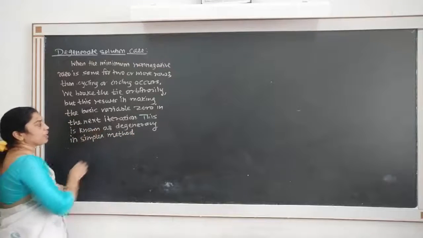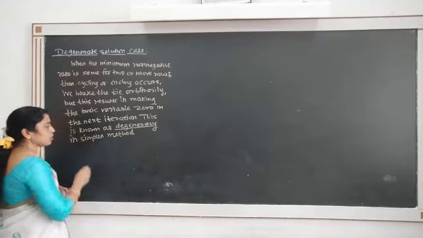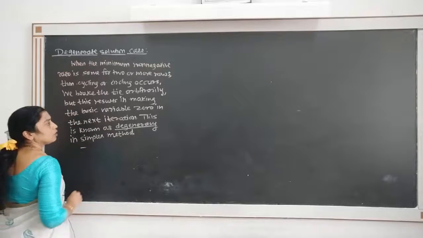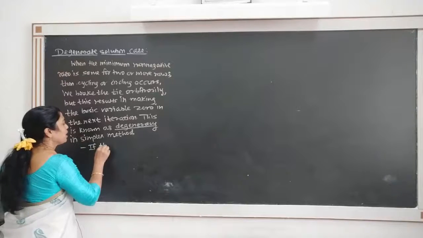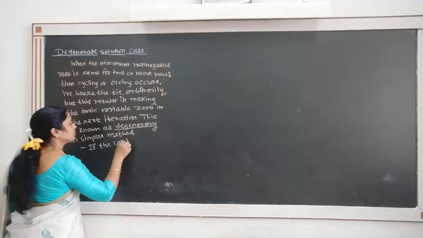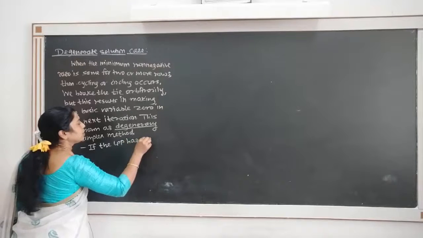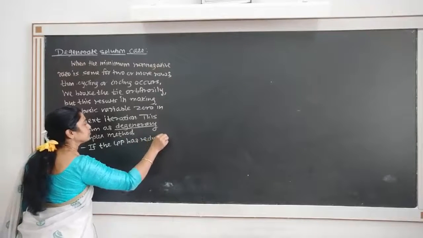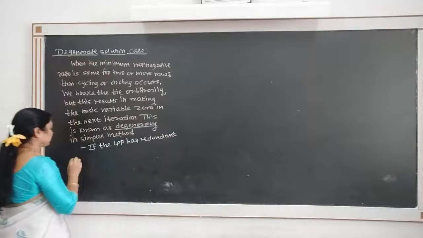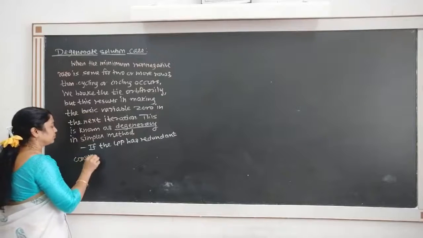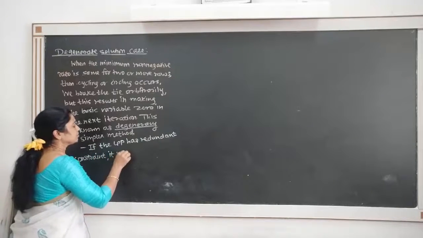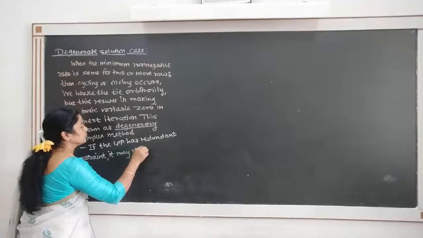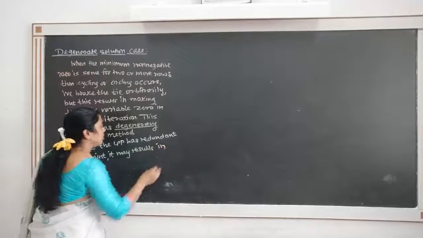So whenever degeneracy occurs, it is mostly due to a redundant constraint. If the LPP has a redundant constraint, it may result in degeneracy.